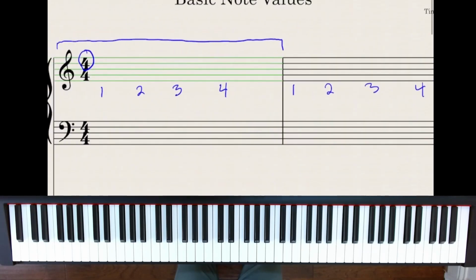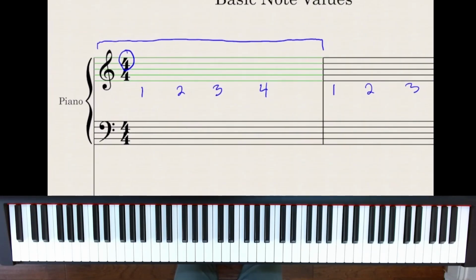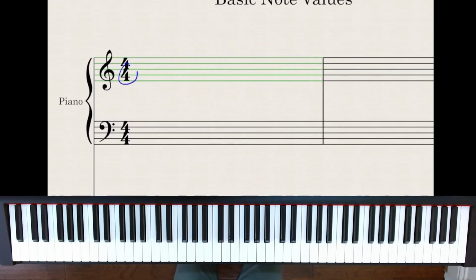All right, so let's talk about that bottom number for a second. The bottom number tells us what type of note gets the beat. So we talked earlier in the video about various different notes and rests that are put together to form a rhythm. And so this is where that comes in. So it's telling us with the 4 that the quarter note gets the beat. Okay?